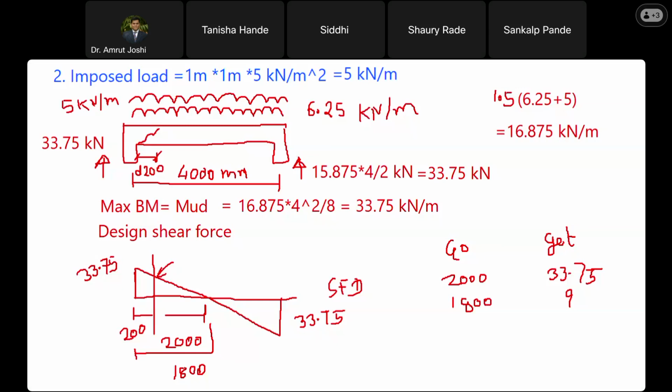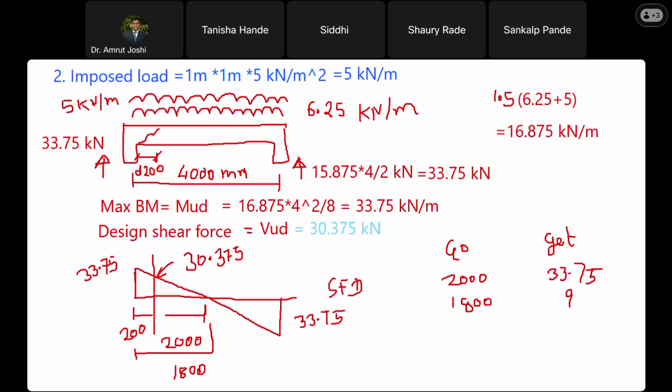It is 30.375. So this is the shear force for which you should be designing. Are you with me? Yes, sir. We call it VUD, and that VUD has to be equal to 30.375 kilonewton. Happy?